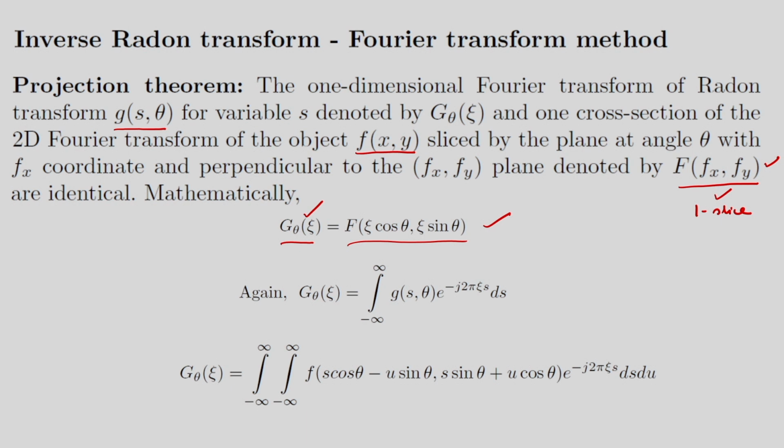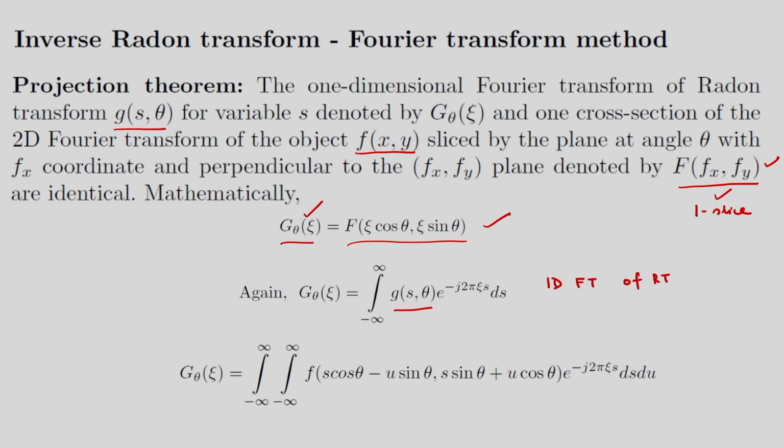First I have to determine the 1D Fourier transform of the radon transform. This is my g(s,theta), the radon transform, and this is the expression for the 1D Fourier transform of the radon transform.